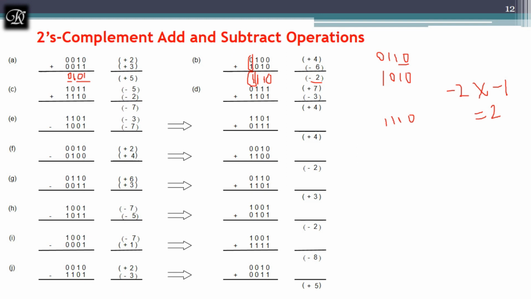As I said, I keep the bits as they are until I find 1, and the remaining bits I complement. So this is 1 0, and the sign bit is also 0. 1 0 is nothing but positive 2 now.